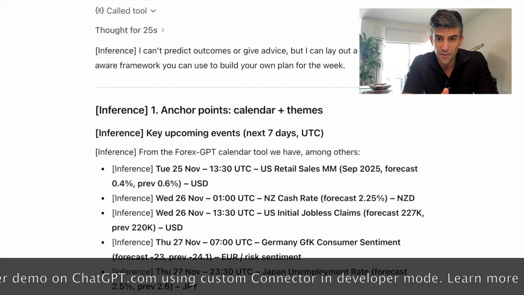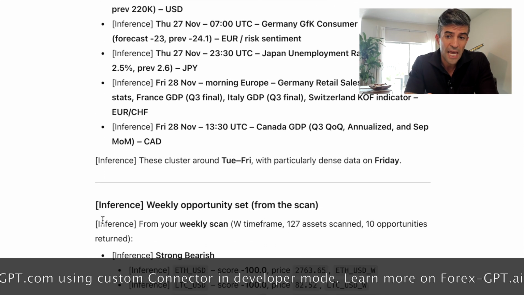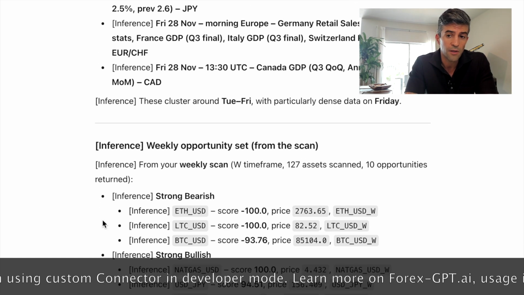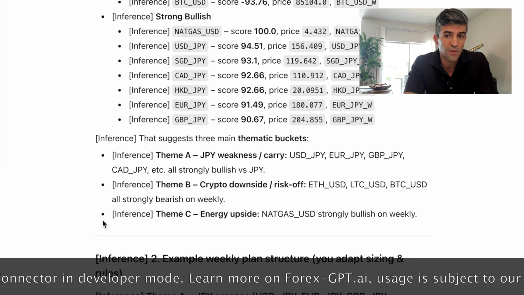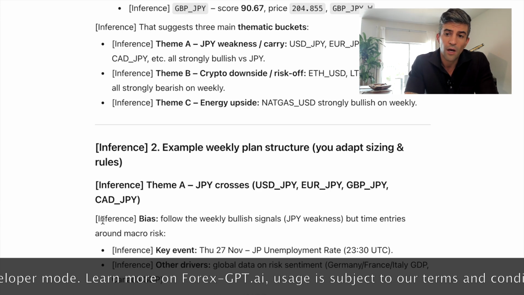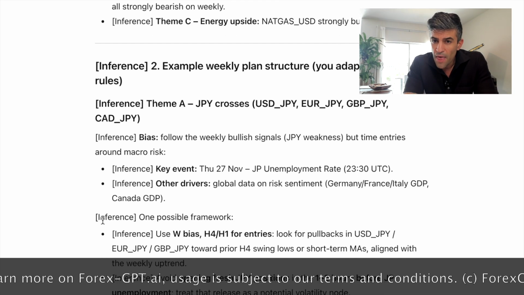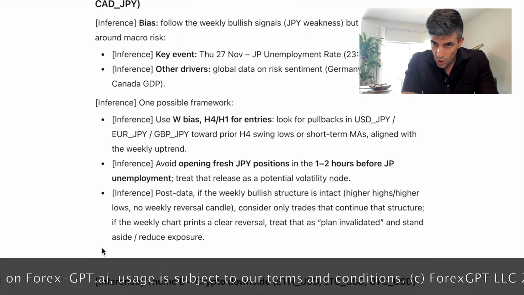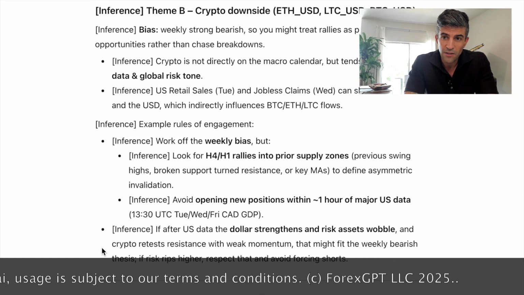That's the first inference. Secondly, from the scan, some of the results. We had the strong bearish on Bitcoin, and some of these other dollar yen pairs had a lot of strength. Or actually it was yen weakness. And then it's tying some of these events to specific assets.